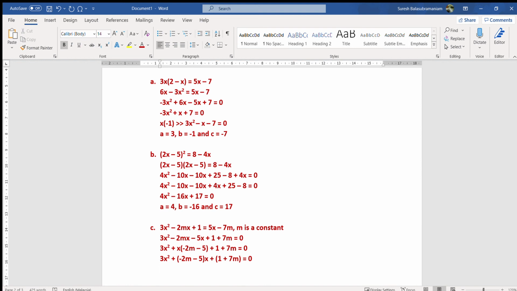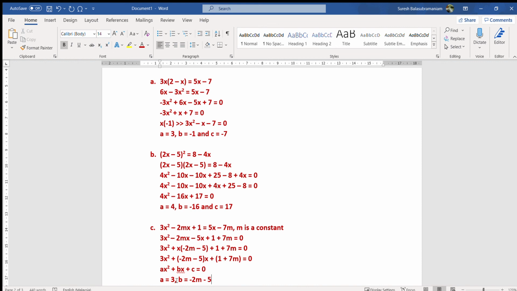So if I write ax square plus bx plus c equals to 0, which is what is my a, b and c? So my a will be 3, my b will be negative 2m minus 5.